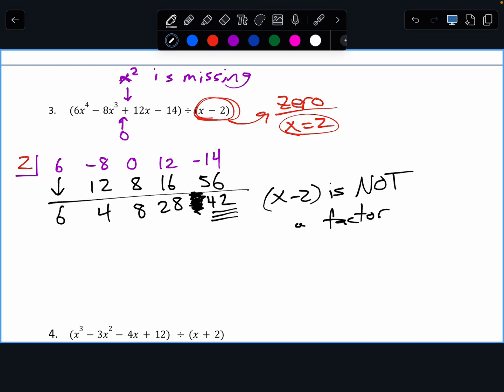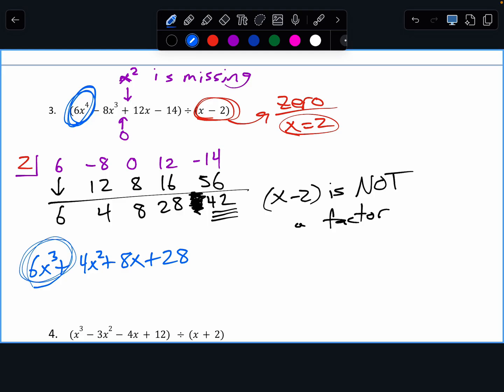Okay? And so if I am to write out the polynomial, again, I've got 28, 8x, 4x squared, 6x to the third. The other way you can think of that is, if we start with x to the fourth, then this is going to be x to the third.